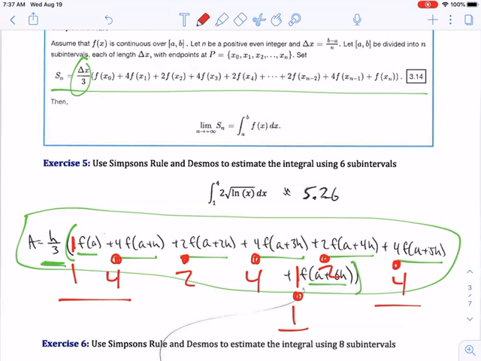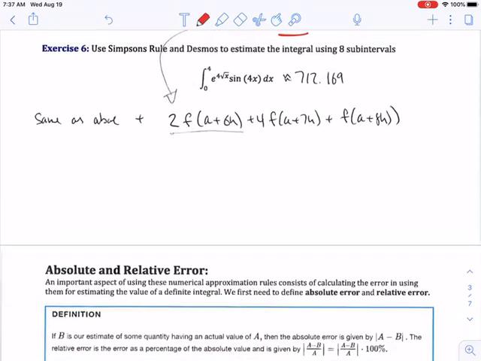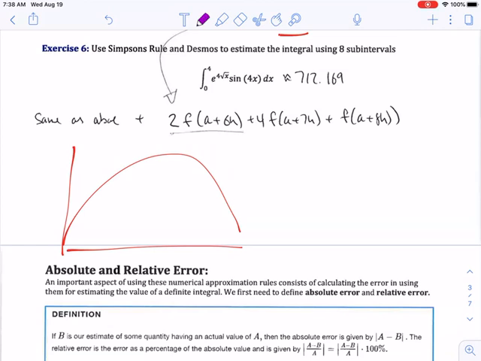Then the function arguments are f of a plus 1h, f of a plus 2h, 3h, 4h, 5h, 6h. The next terms, if we wanted them, would be f of a plus 7h, 8h, 9h. So there are patterns here. Once you know the patterns, you can do as many terms as you want and set that up in Desmos. Simpson's rule is based on taking the area under the curve and, of all things, creating parabolas.